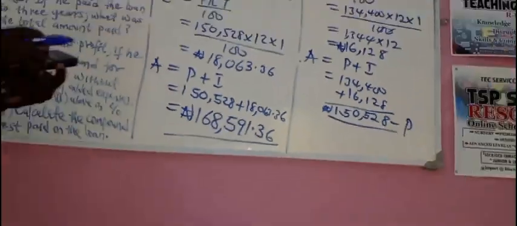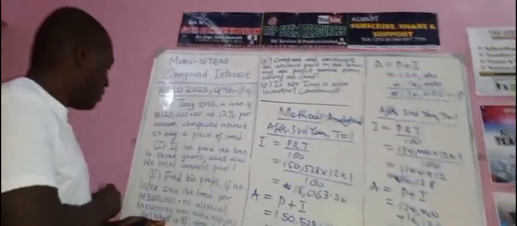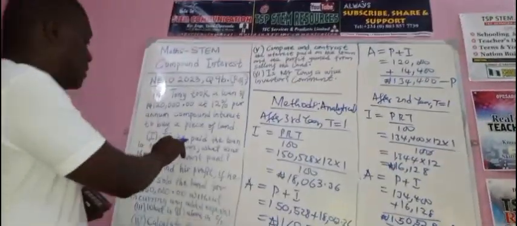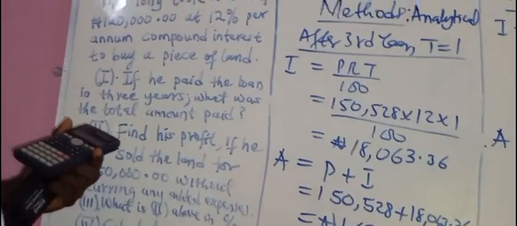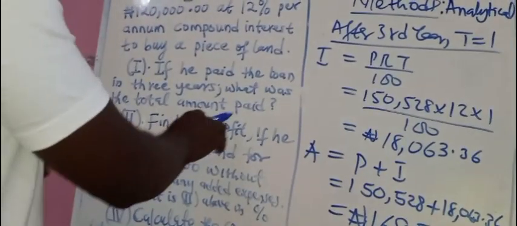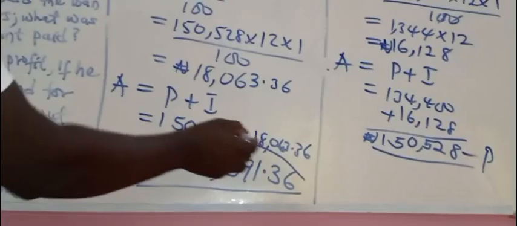So the amount they are asking for in number one, if you paid the loan in 3 years, what was the total amount paid? The total amount he paid is this at the end of the third year. That is the amount they are asking for.